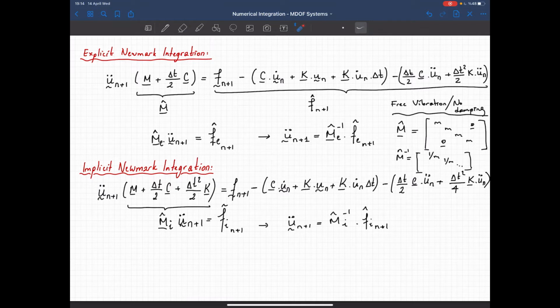Now we have an issue here because we talked about the damping matrix, and we said that the damping matrix, the C matrix, depends not only on the mass matrix but also on the stiffness matrix. So actually having this damping term here kills all the advantages of the explicit Newmark algorithms.